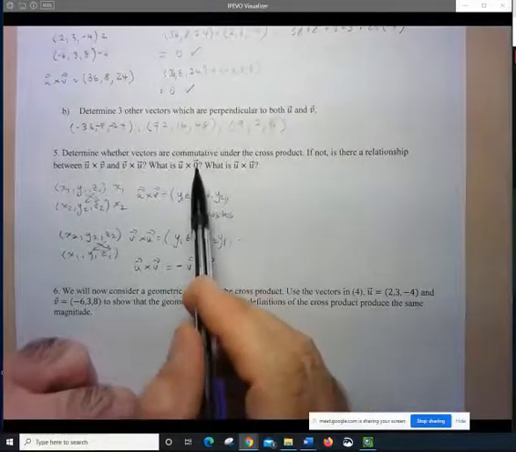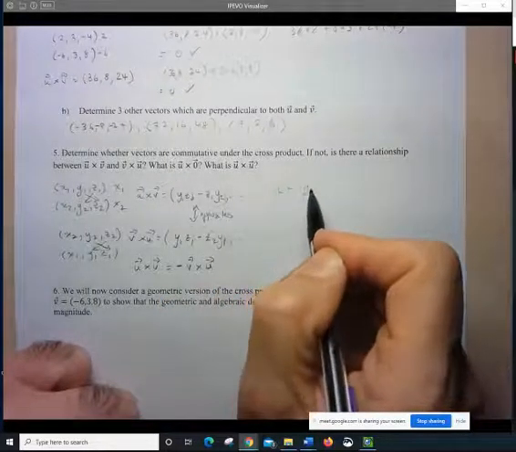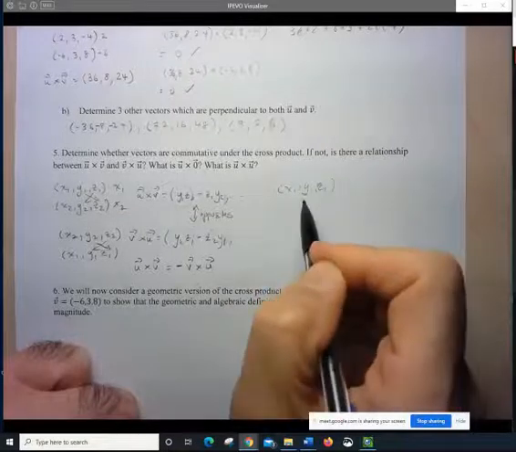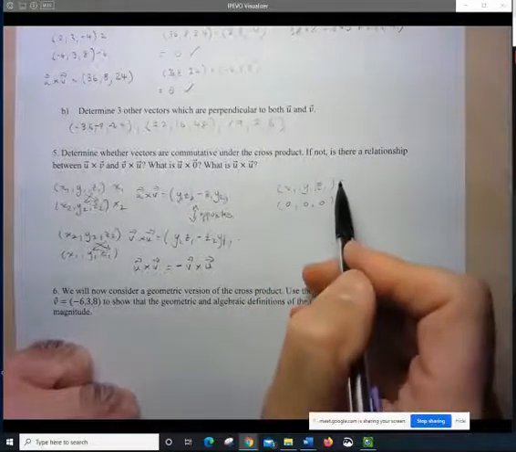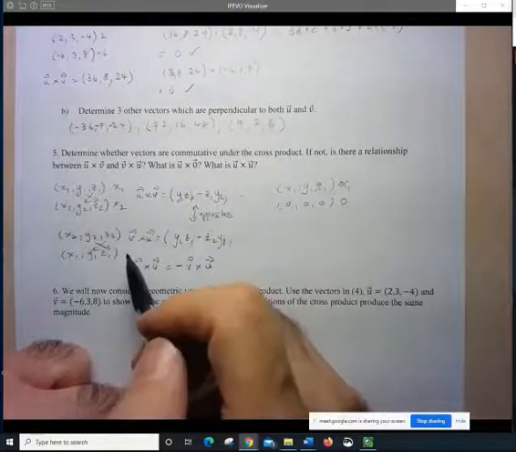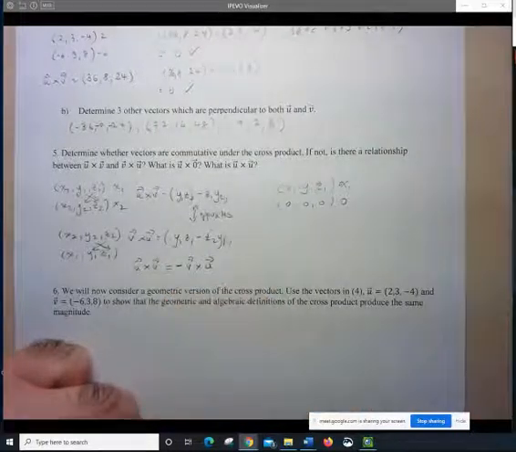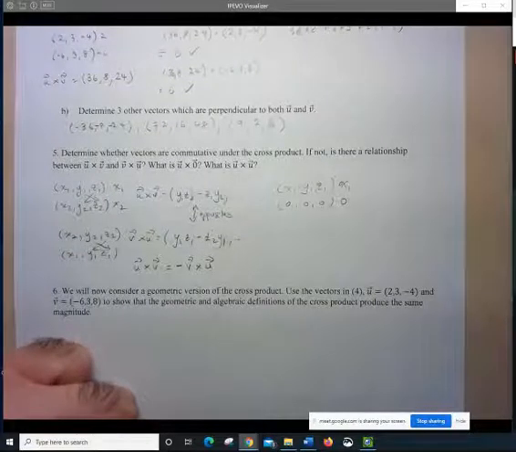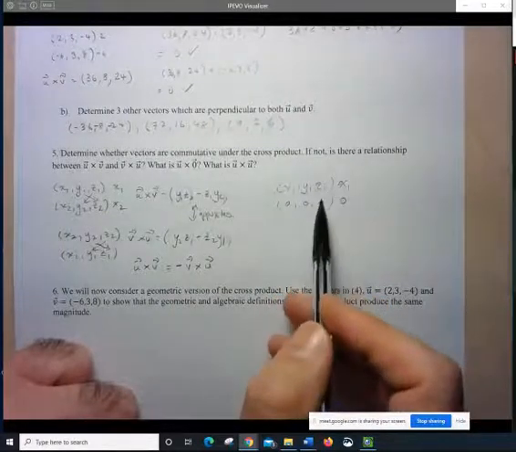I think it won't be too surprising that when you take U and you cross it with 0, well, what's going to happen with all these multiplications? You're just going to get 0 on everything. 0 minus 0, 0 minus 0, 0 minus 0.